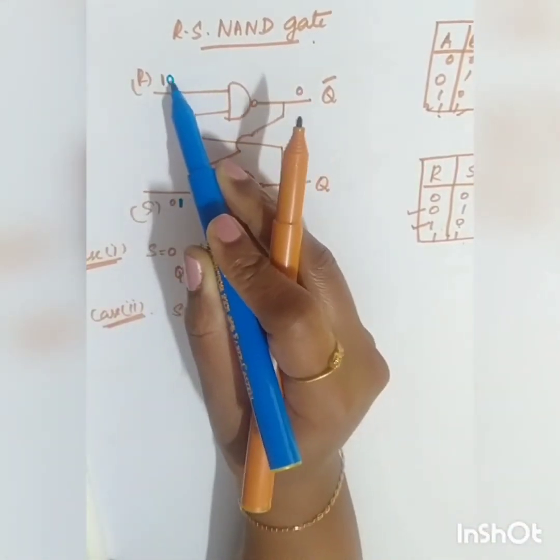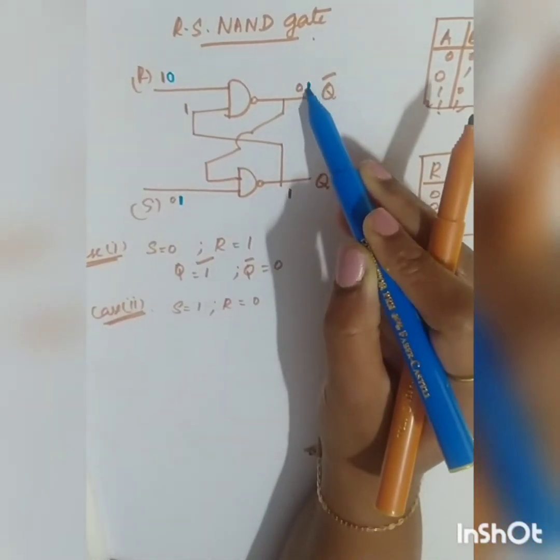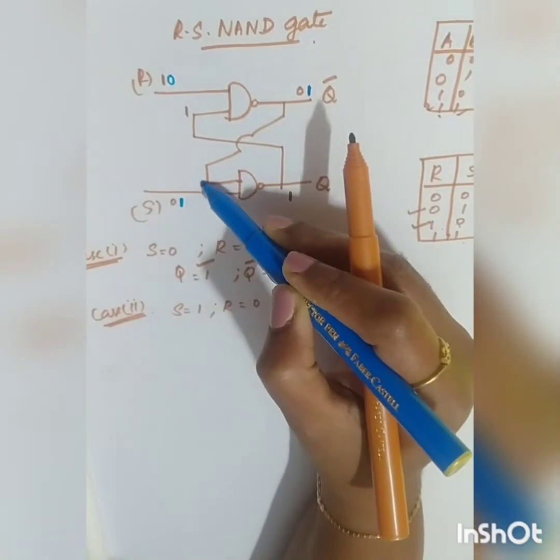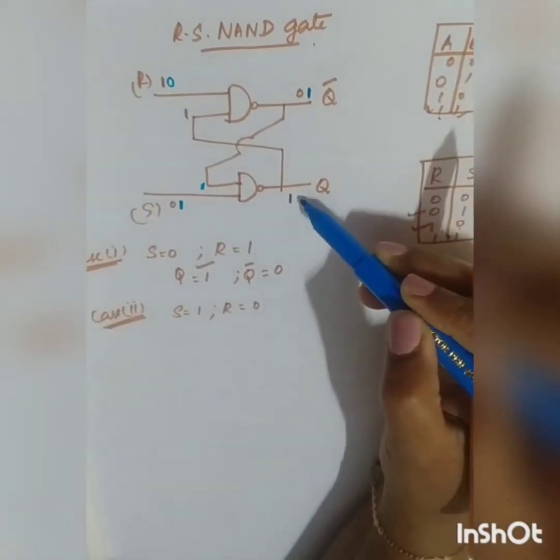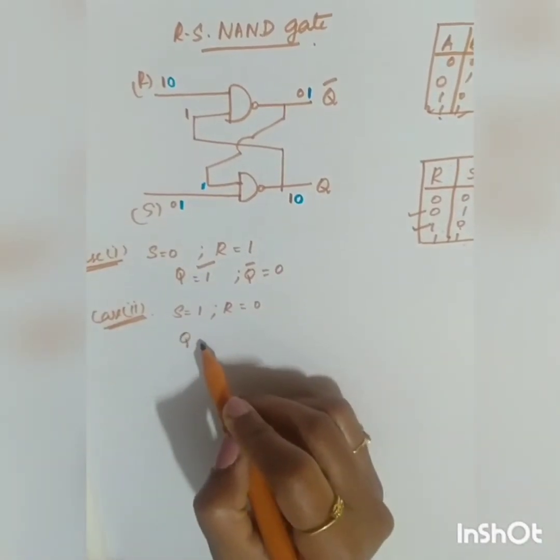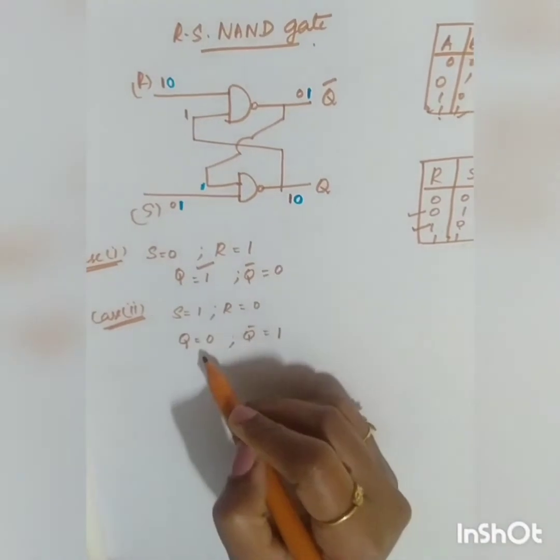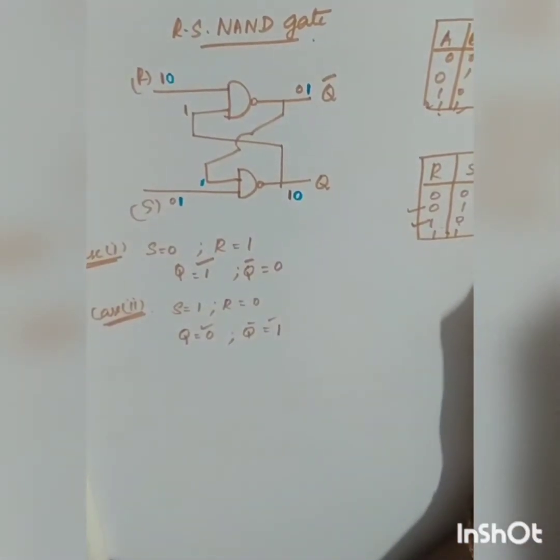So here the input is 0. Definitely your Q bar is going to be 1, right? Q bar is 1. That 1 is fed here. So 1, 1, your output is going to be 0. So in the case 2, Q is equal to 0, Q bar is equal to 1. It is satisfied. Q is equal to 0.